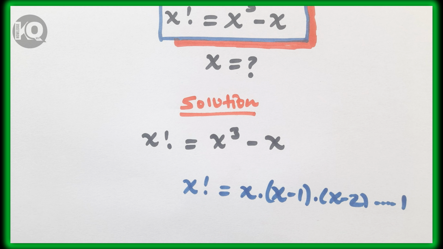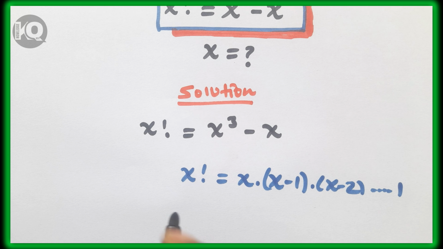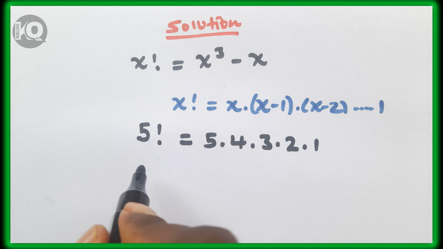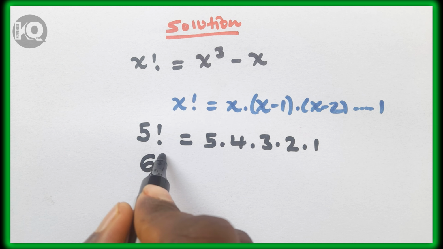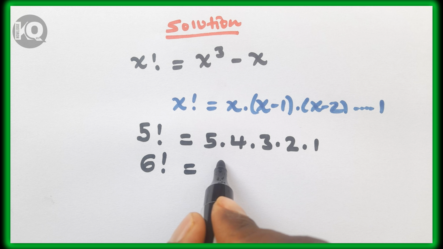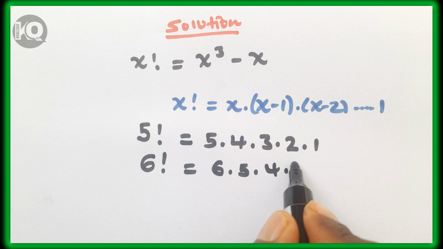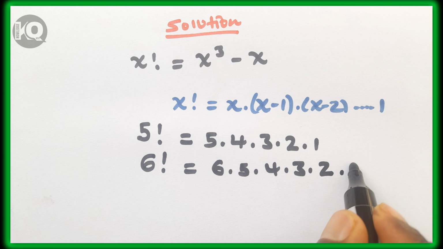In the second step, let's take two consecutive positive numbers with their factorial. Let's take 5 factorial, which is 5 times 4 times 3 times 2 times 1. And also 6 factorial, which is next to 5, so it will be 6 times 5 times 4 times 3 times 2 times 1.